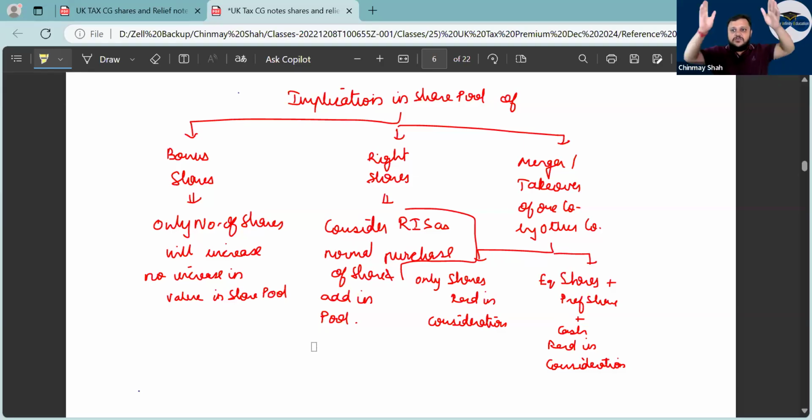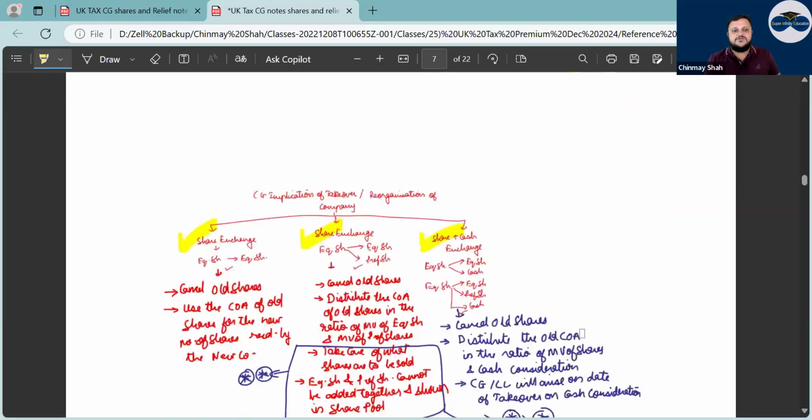So the cost of acquisition should be divided among the equity shareholders, right? Or in the equity share, preference share and cash in the ratio of market value of equity, preference and cash, correct? So only shares received in consideration or equity share plus preference plus cash received in consideration.